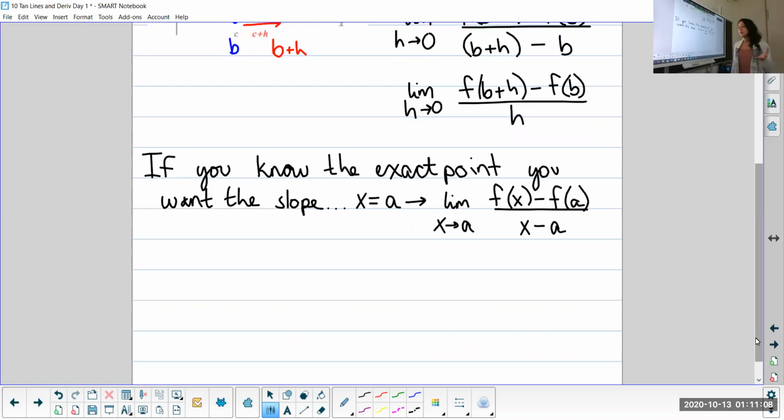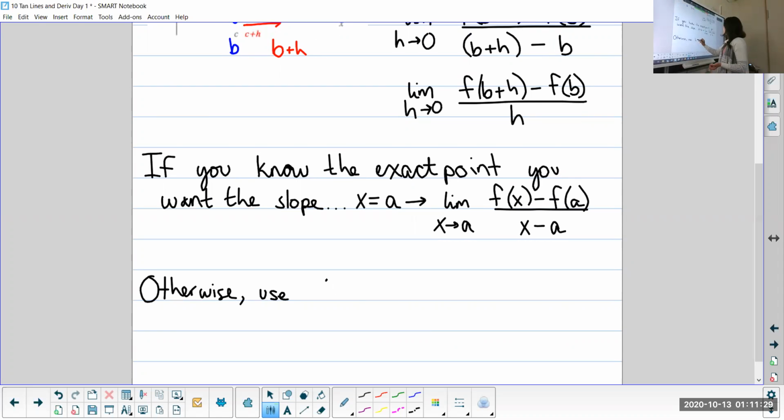If you don't know the exact point, in other words, if you just want a general rule that will work at any time because you don't know the specific time you want it, you're going to use this.